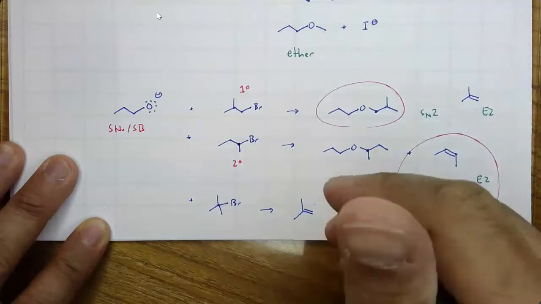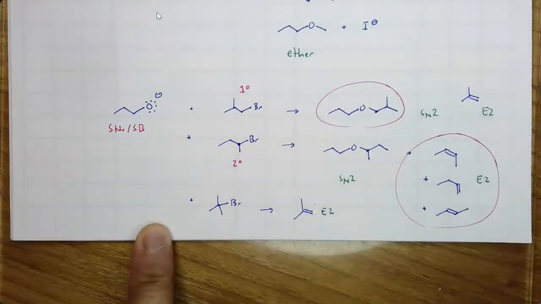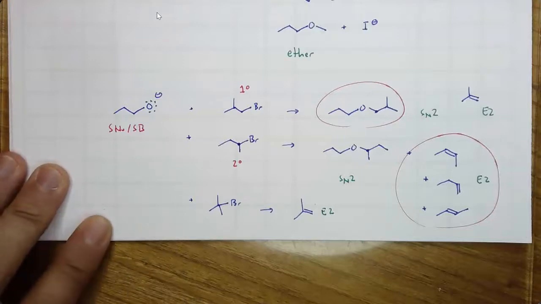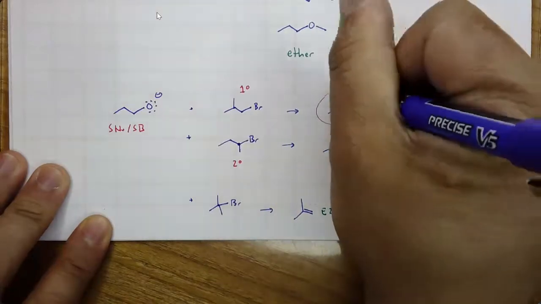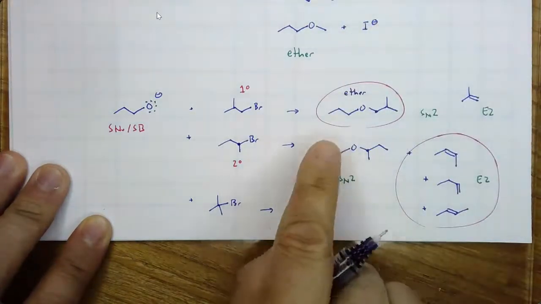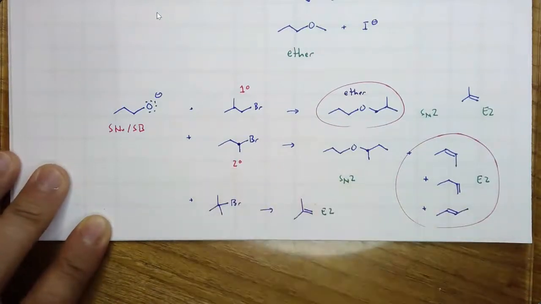And only E2. One product. Okay. Again, the purpose for this video is to make ethers via a Williamson ether synthesis. You notice that we cannot do it with a secondary alkyl halide.